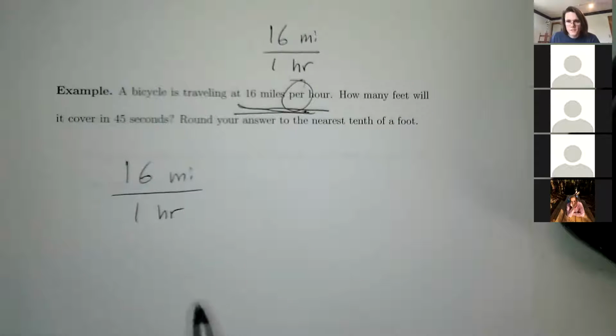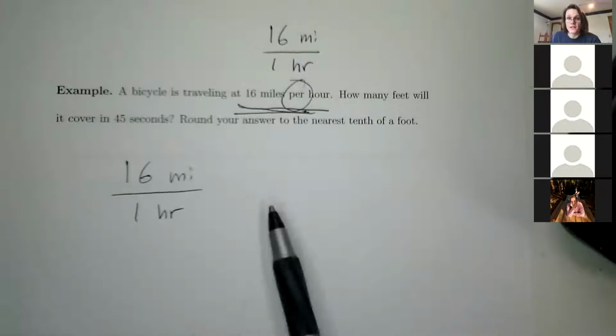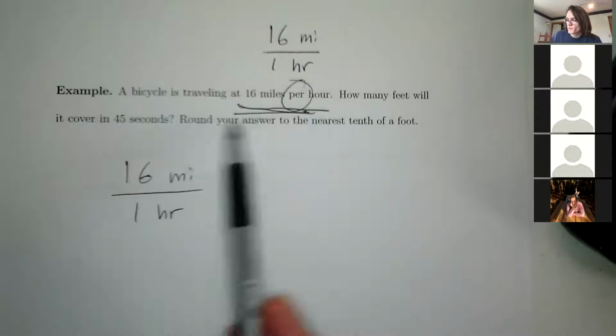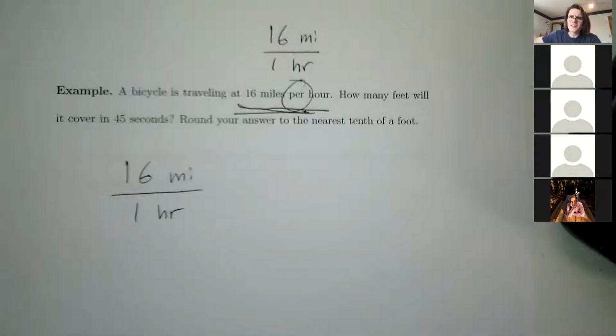So the first thing you want to do is convert this miles per hour into feet per second, just to make it compatible with what the question is asking for. If they were asking how many miles he will go in 10 hours, you wouldn't have to do anything because it would already be in those units. But since it's not, we're going to convert it.